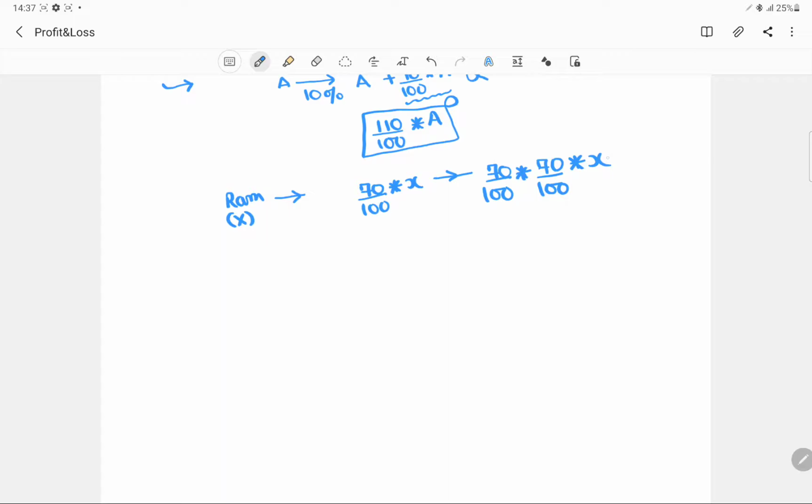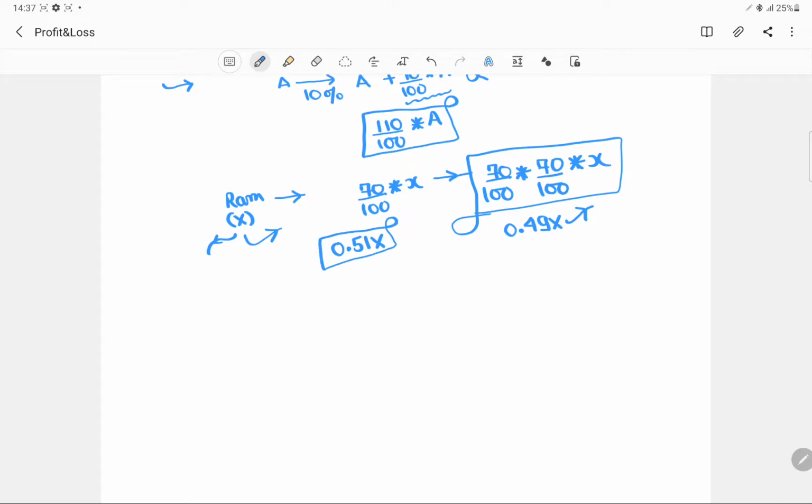Now they will ask you what is the final expenditure. So you can substitute this value of 49 upon 100 x, which is 0.49 of x. So this is the decreased value, and x is the initial value. So the amount of money spent was 0.51x.